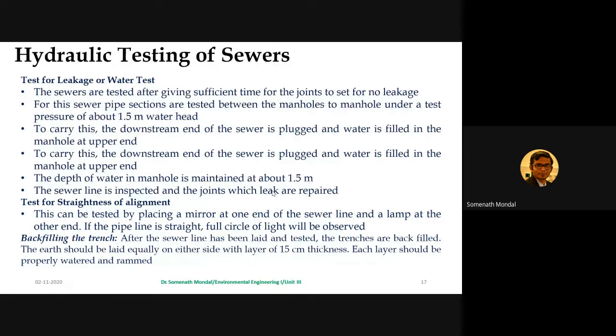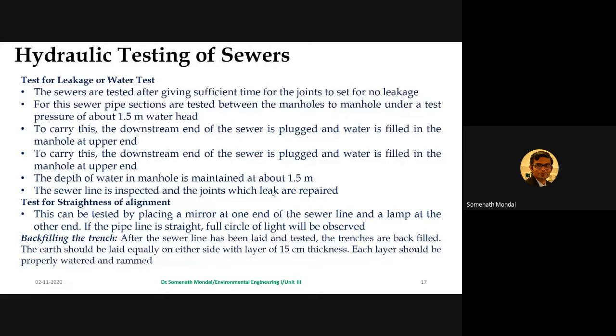Next, the final one is the backfilling of the trenches. This is also an important part which has to be done once you ensure that the entire sewage network is working fine. So after the sewer line has been laid and tested, the trenches are backfilled, and while backfilling the excavated earth in the trench, the earth should be laid equally on both sides of the sewers.